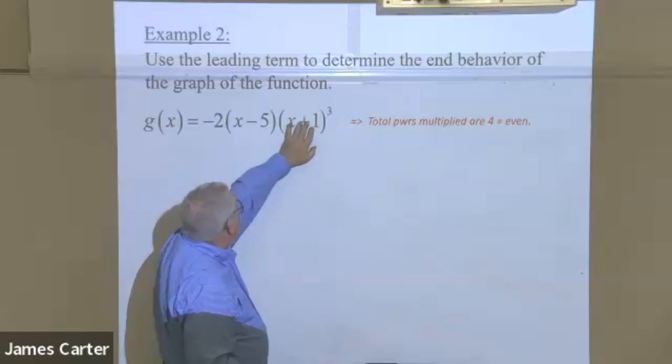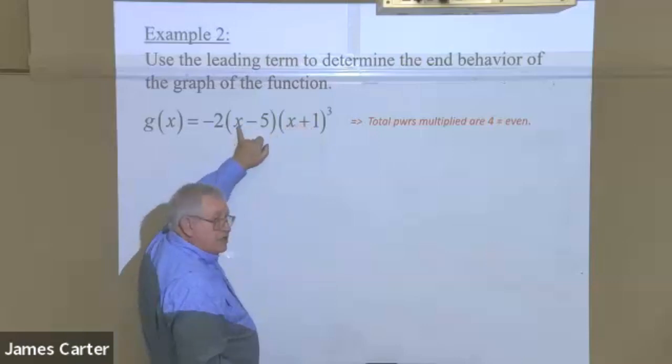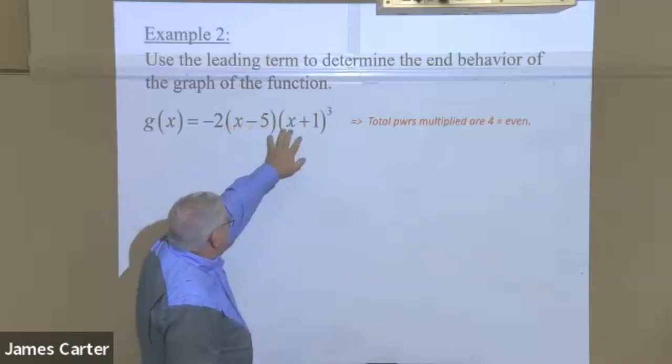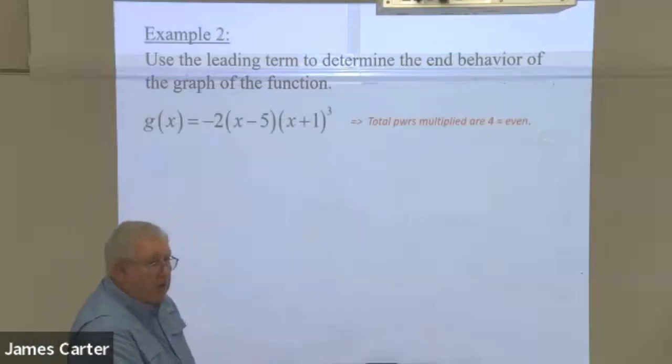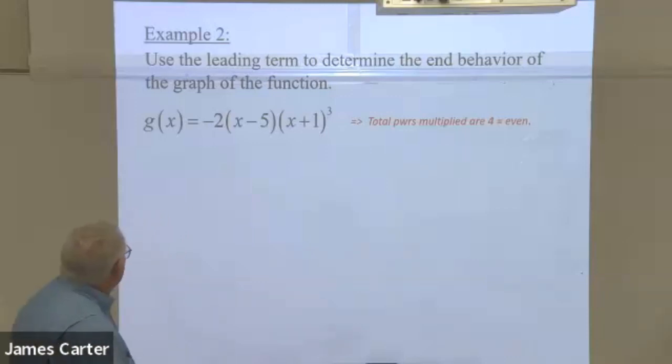So we would be taking an x cubed times an x to the first. So the total degree of this thing, whoops, is 4. Okay, see how you count the total degrees? Which is an even number. And whether it's an even or odd, it will become important in just a moment. Okay.